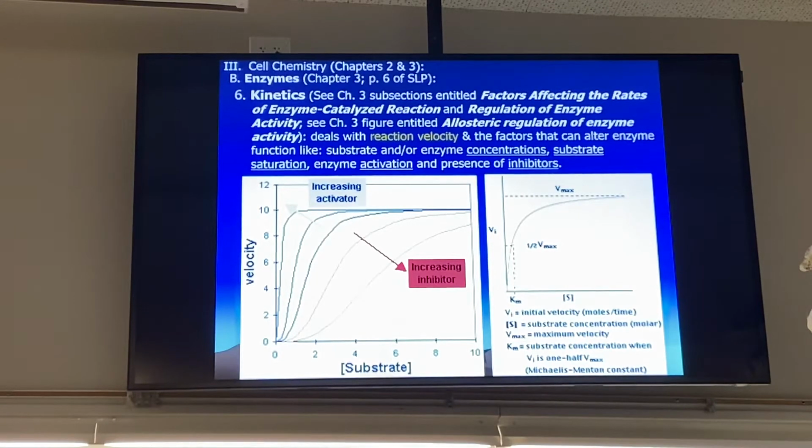Everybody see that? There are other things that will compete for the active sites or block the active sites of the enzyme. And that will basically take out those enzymes. And not only are you going to get a more shallow rise, but in some cases where some active sites are now blocked, it'll never get up to the horizontal line.